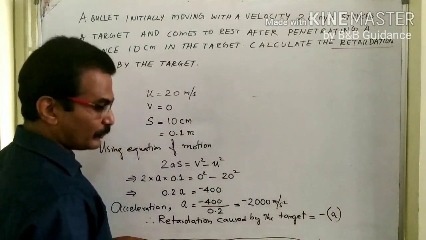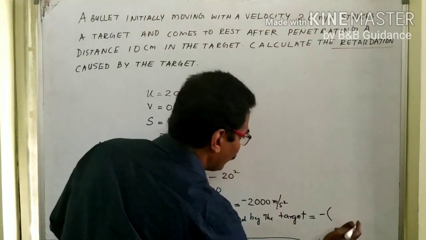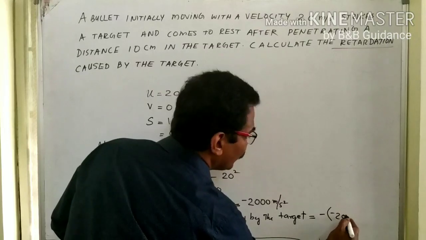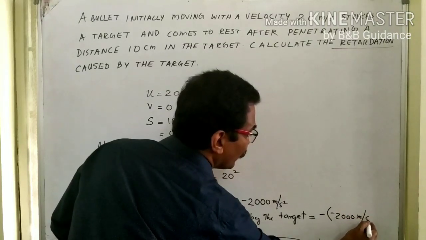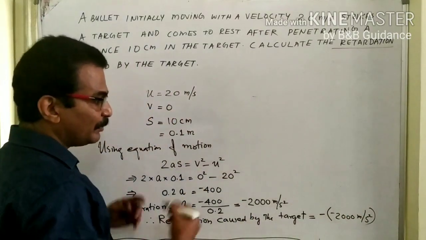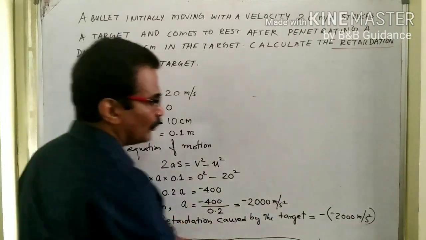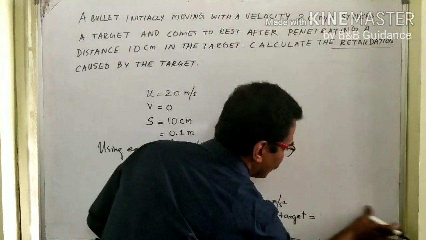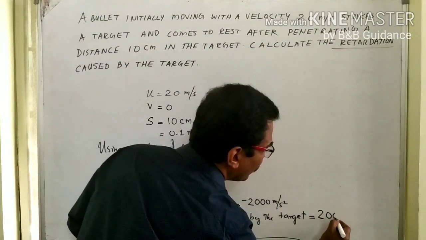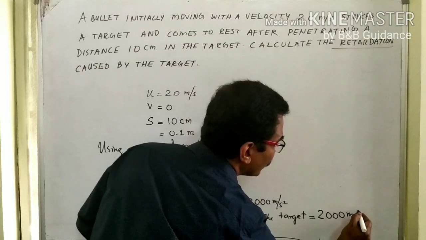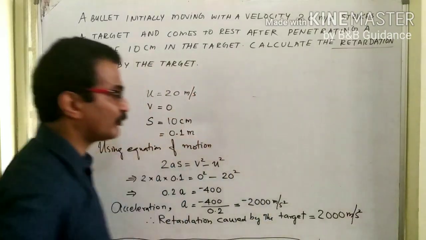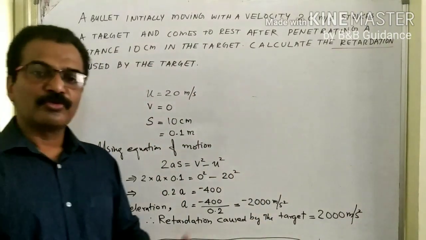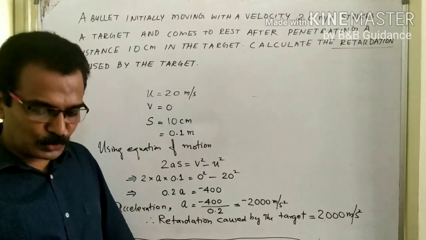So in this case, negative of negative 2000 meter per second squared. Shall I write directly 2000 meter per second squared? Okay, today we did 2 numericals only.